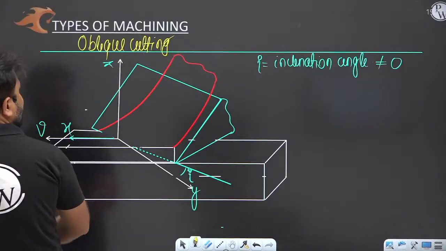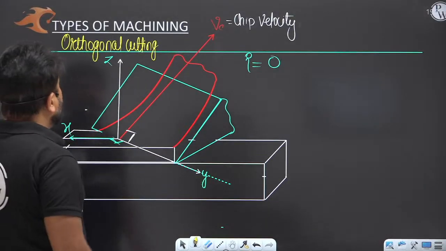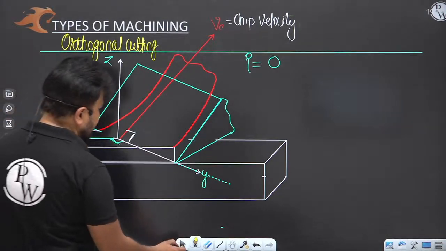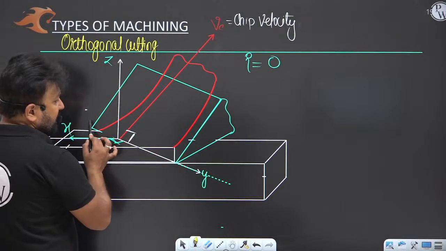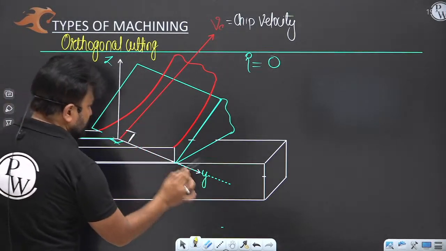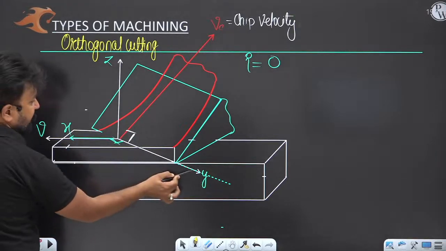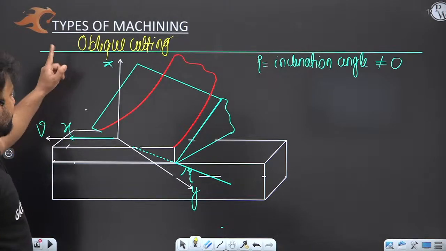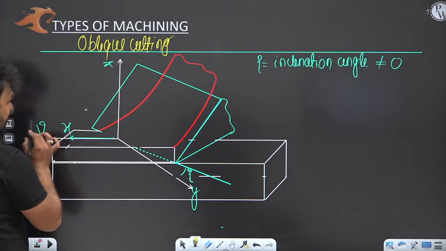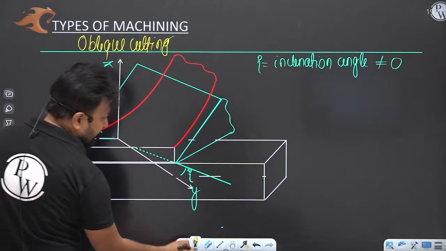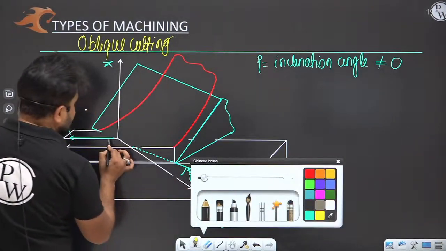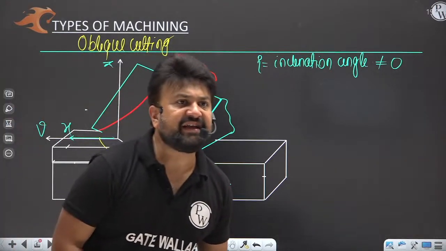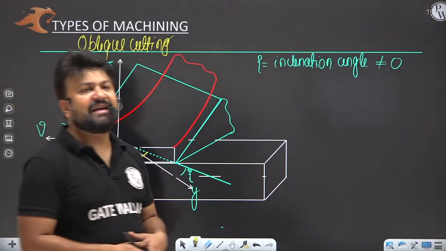In orthogonal machining, the angle between the cutting velocity and the cutting edge is what? 90 degrees. In oblique cutting, the angle between the cutting velocity and the cutting edge is not 90 degrees.